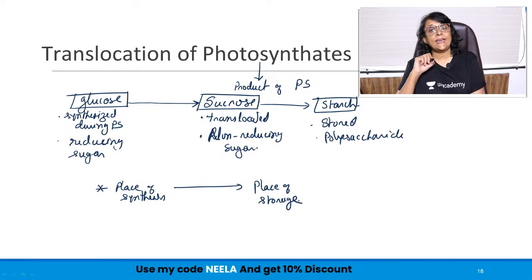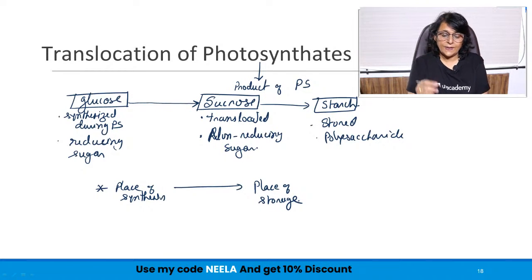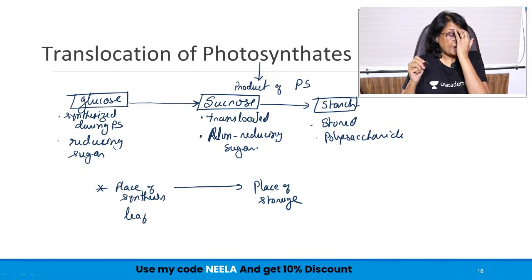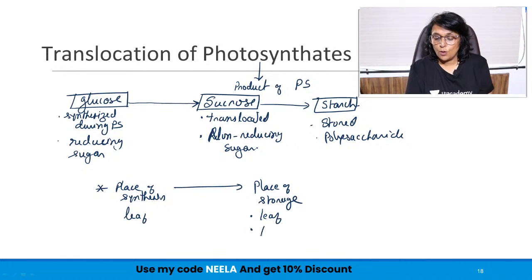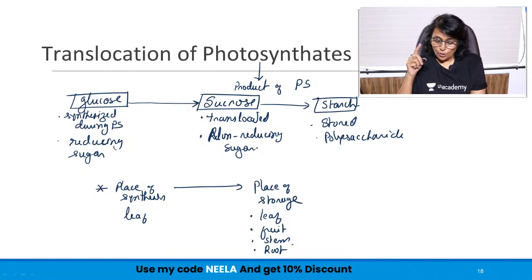So where is the carbohydrate synthesized? That is leaf. And where is it stored? Depending upon the plant, it can be stored in leaf, it can be stored in fruit, it can be stored in stem, and it can be stored in root. I'm sure you have studied morphology of flowering plants also.